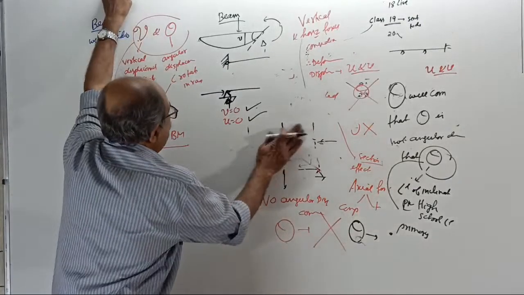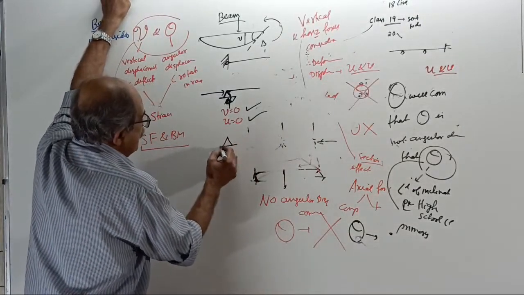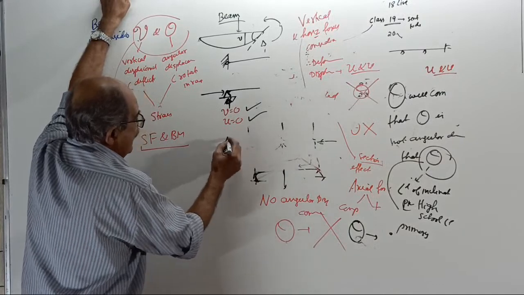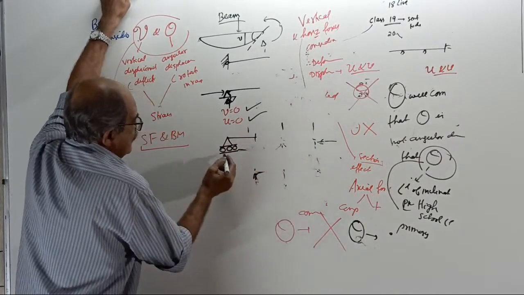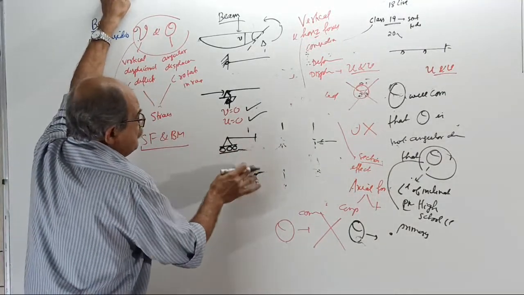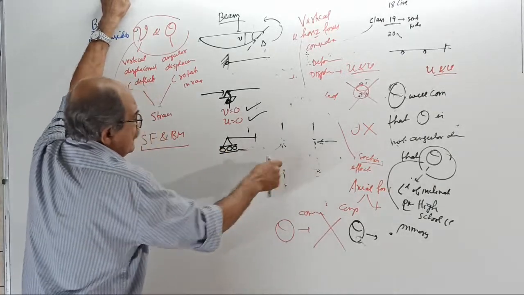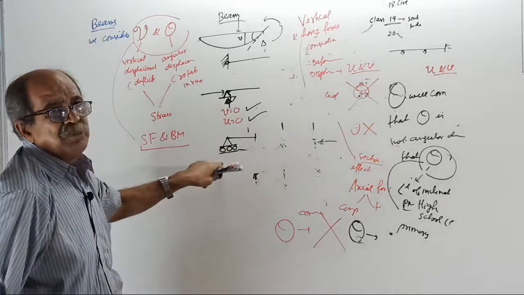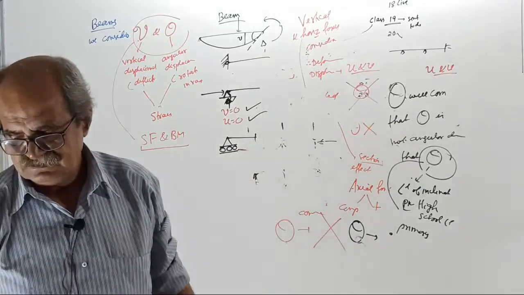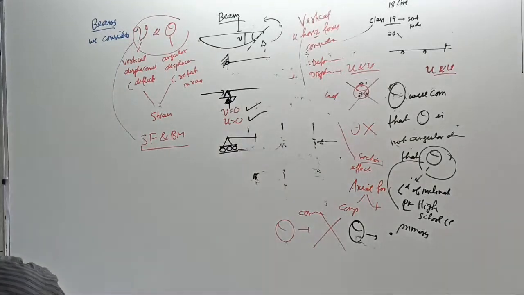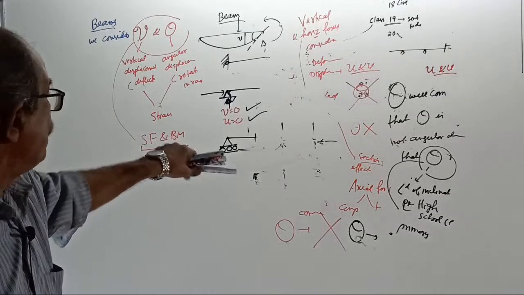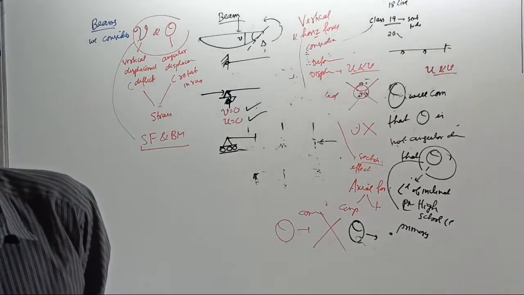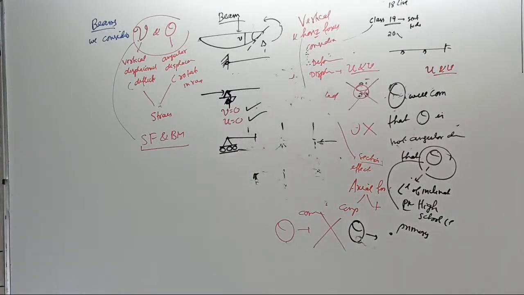Then, if it is a roller support this way, tell me here, what displacement will there be? Horizontal or vertical displacement? If this type of roller is given, what type of displacement?